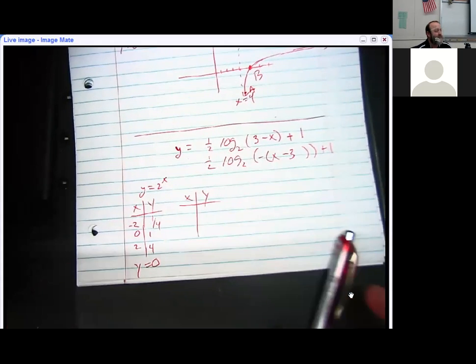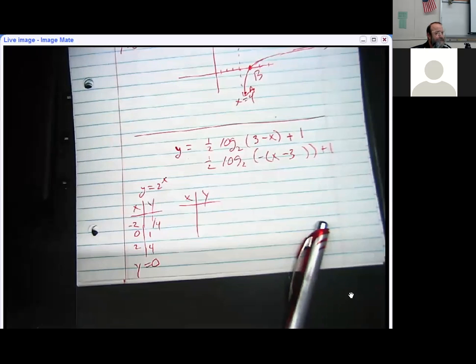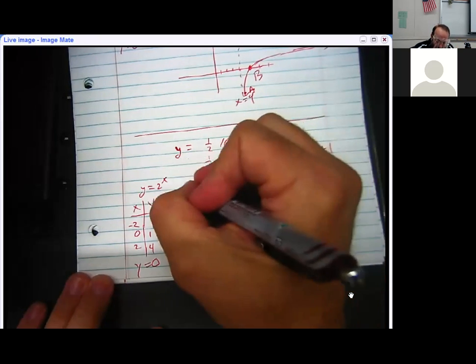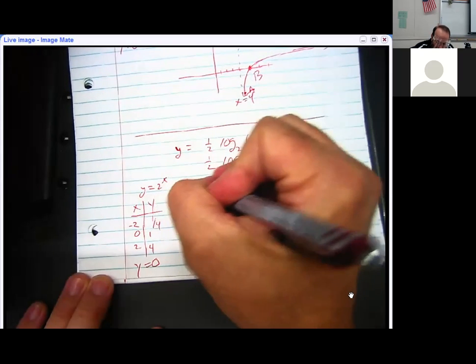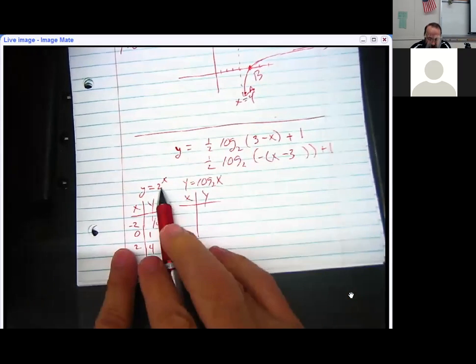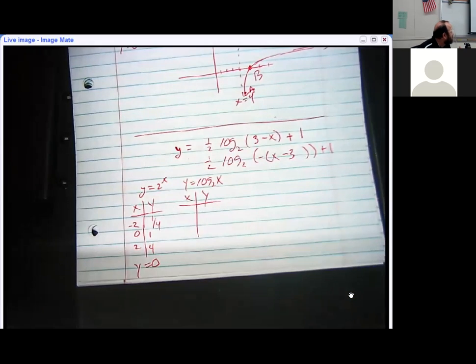Okay, let's see if we can follow my process. What's the next step after you have the exponential? Switch them, because as soon as you switch them, you have created a logarithm. So instead of graphing this, I'm going to do log base 2. But notice it's base 2, it stays the same base.